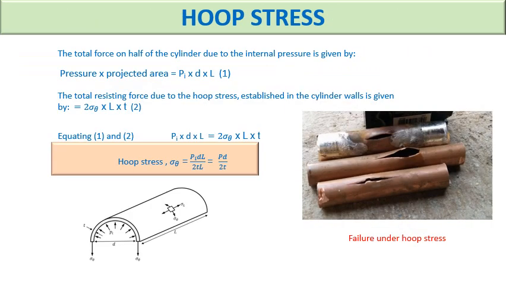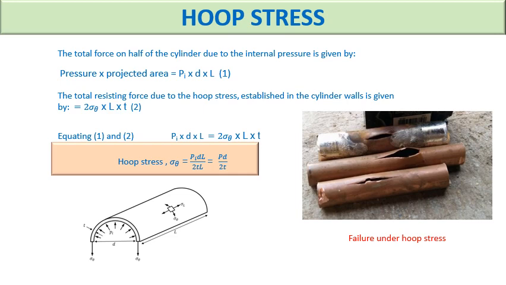Consider a thin-walled pressure vessel with inside diameter D and an inside pressure P. If you cut a cross section across the longitudinal direction, we can see that due to this internal pressure, it is trying to increase the diameter.